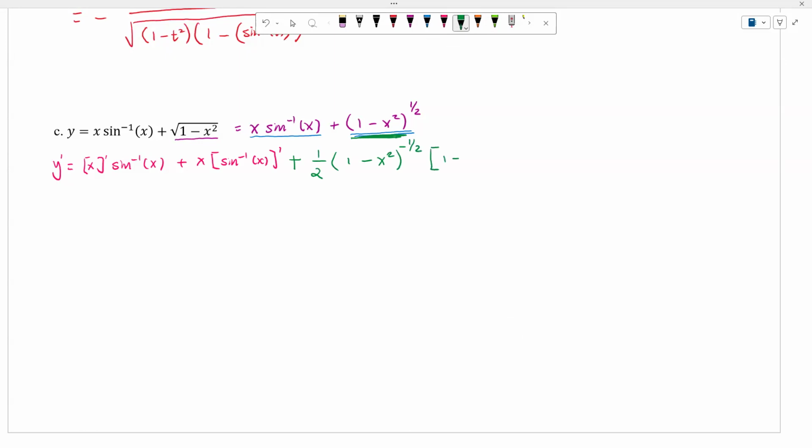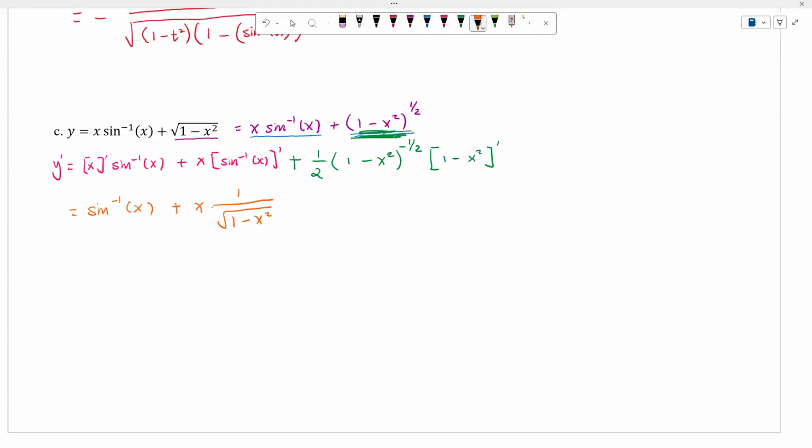And we need to take the derivative of 1 minus x squared, which is the inner function here. Now the derivative of x is 1. So I have sine inverse of x plus x times the derivative of sine inverse of x, which is 1 over square root of 1 minus x squared.